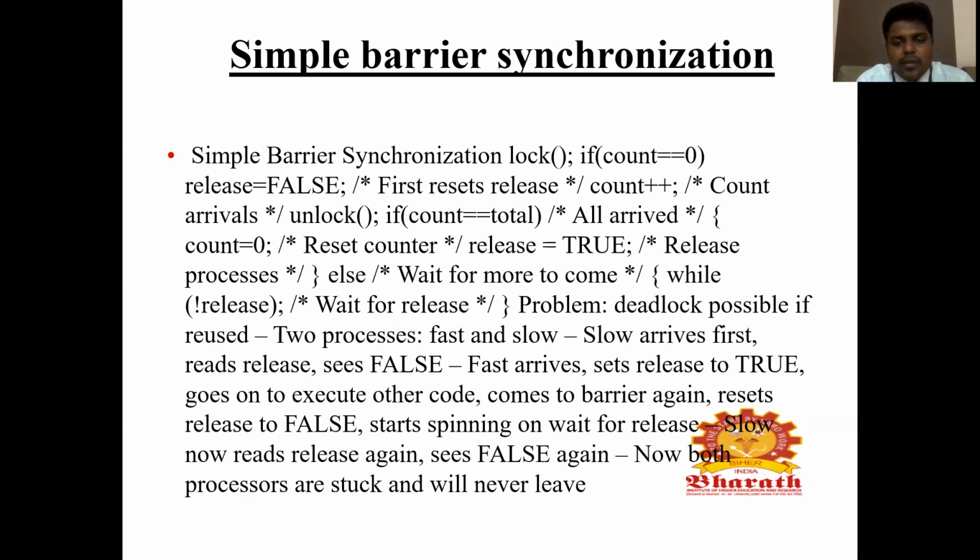It starts spinning, waiting for release. The slow one is just slow to read and release again. It sees false again. Now both processors are stuck and will never leave.